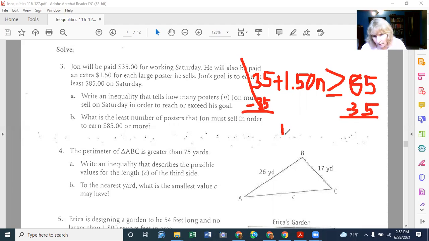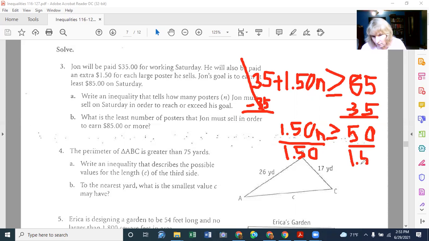I'm left with $1.50 times N is greater than or equal to 85 minus 35, which is 50. Now I have to divide both sides by $1.50.